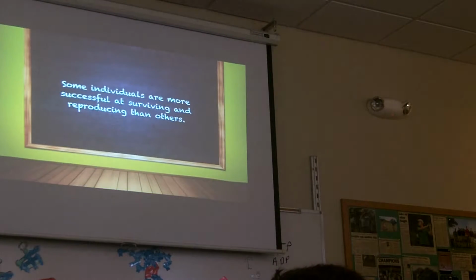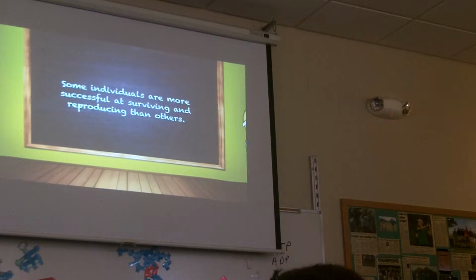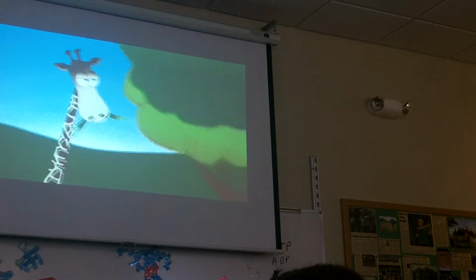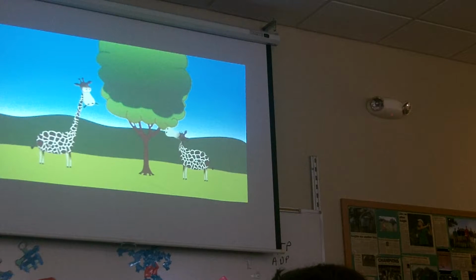Condition number 3. Some individuals are more successful at surviving and reproducing than others. In the case of our giraffes, the long-necked individual did not acquire its neck by stretching to grab the leaves. Instead, individuals within the population were born with a neck length that was longer than others. Because a longer neck allowed them to reach the food that was otherwise unattainable, it gave them an advantage.